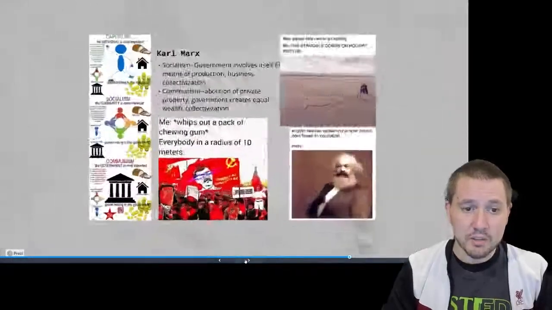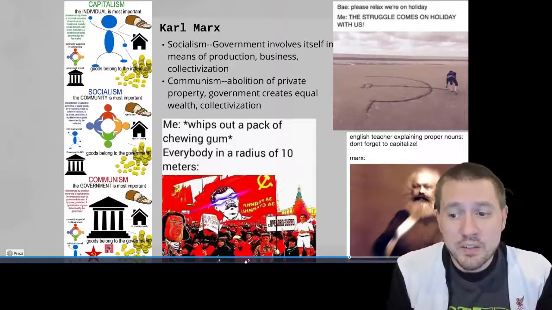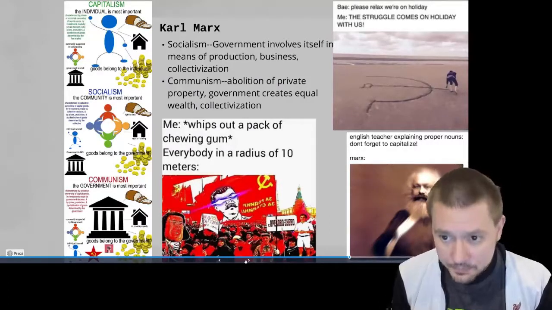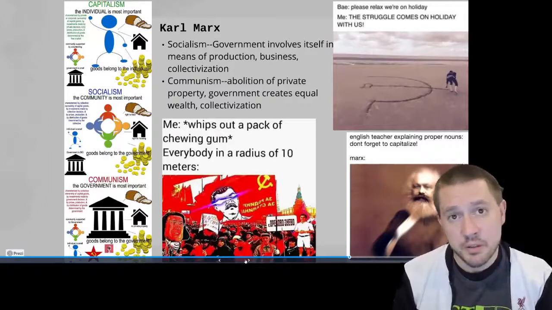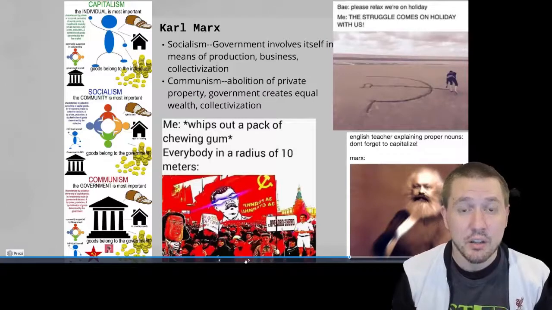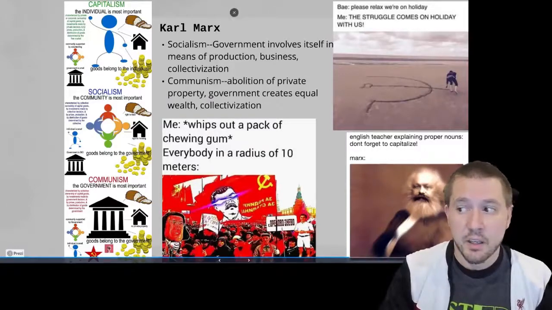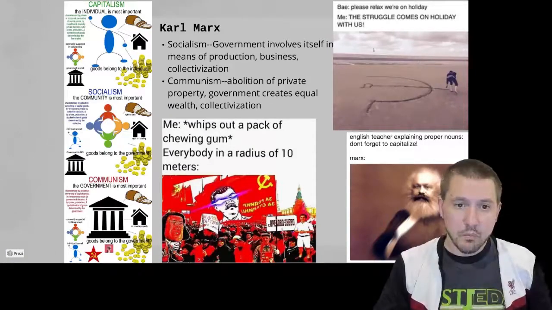So what new ideologies come from this? Well, first, Karl Marx is seeing this. He's writing in England, and he's seeing that these abuses towards the working class are creating a new separation of working class as well as the business class.